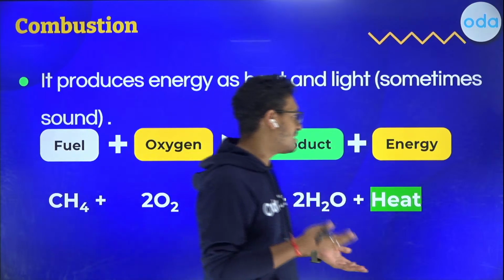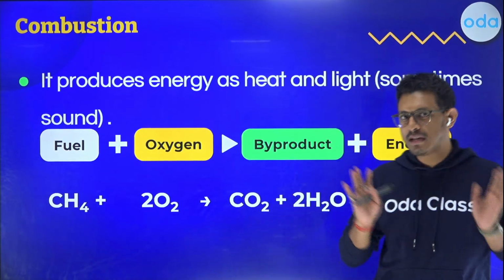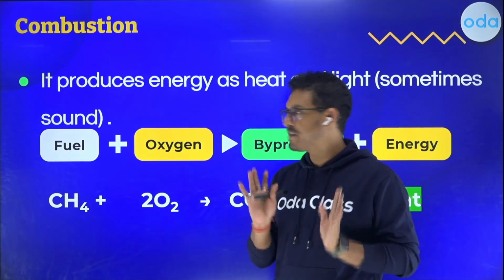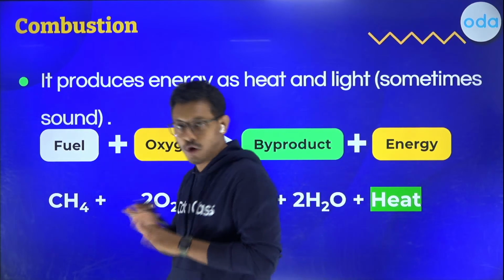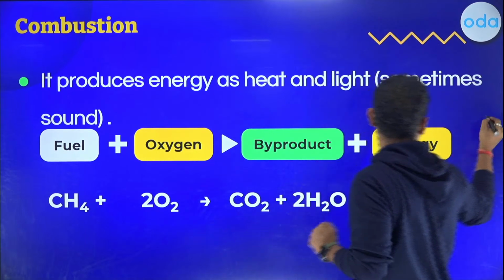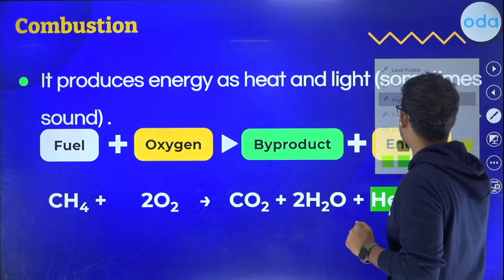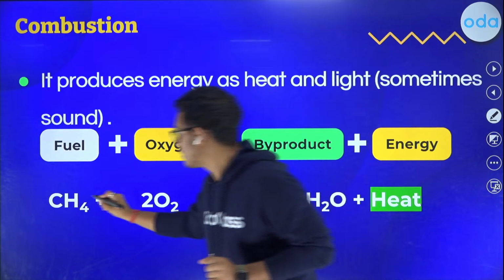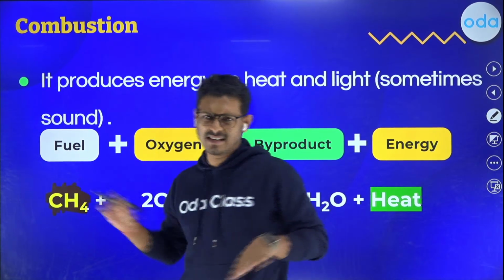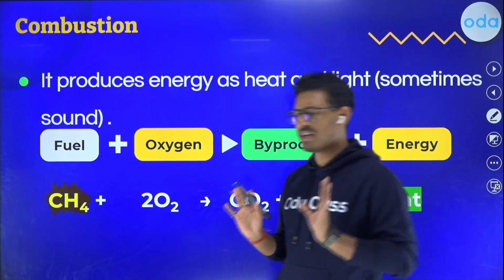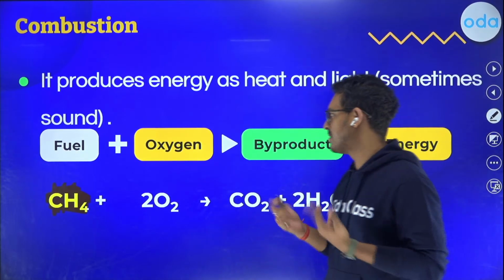Now, just to simplify this, I'm showing you a simple template equation to understand how it works. When it comes to combustion, there will always be a fuel, as we have already discussed. For example, here I am giving you the fuel, which is going to be methane. If you don't know what methane is, it's a very simple fossil fuel that we can use in general combustion reactions.